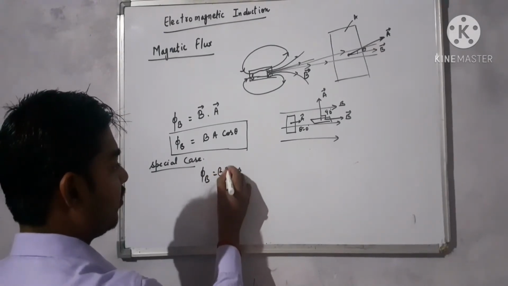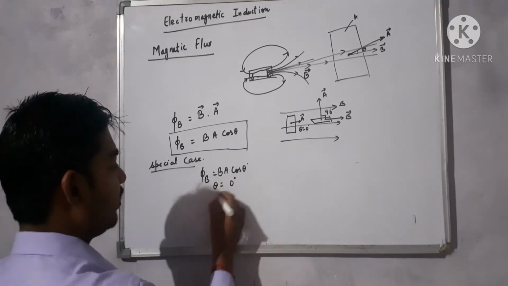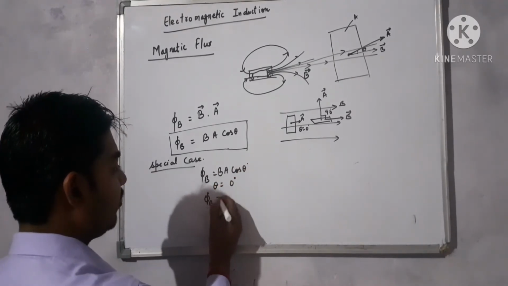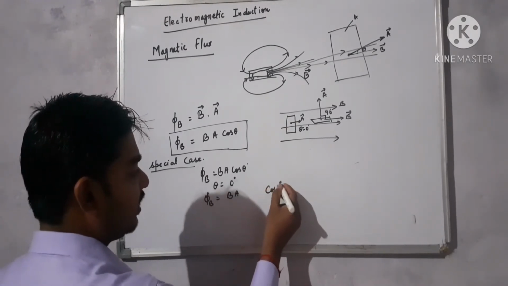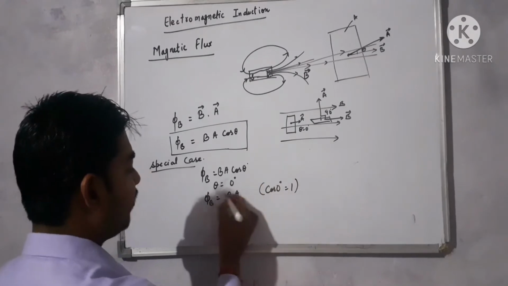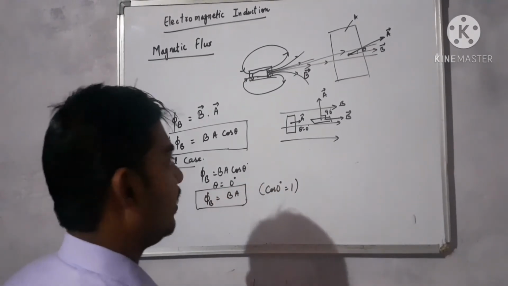When theta is 0 degrees, phi B equals B A, because cos 0 is 1, and this is the maximum value of magnetic flux passing through the area.